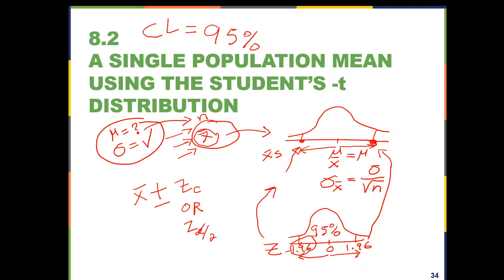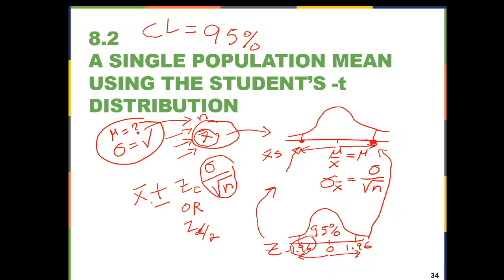All right, so now our z sub c in this case, of course, is 1.96. And then how many standard deviations? The standard deviation is given by this, right? That's the standard deviation of x bars, right?